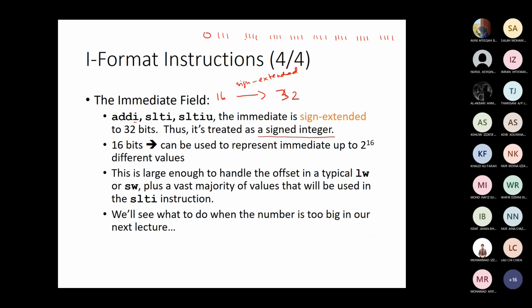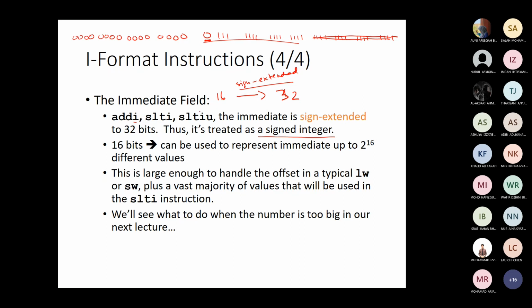So 1, 2, 3, 4. 4 times 4 is 16, right? So let me correct that again. Let's say this is your immediate value. When they sign extend, they would extend the first sign bit here, so they would extend it to become 0, 0, 0, 16 bits more, like that. So this is what we call sign extend.